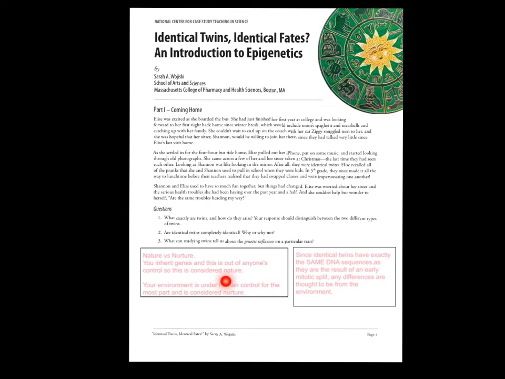So in nature, we're talking about which alleles did you get and what's the result of those two alleles. Some real simple stuff that is beyond debate as far as nature is whether you have sickle cell disease or not, whether you have any kind of genetic disease or not. That is 100% nature.